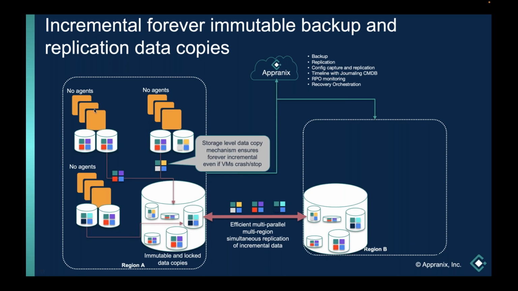So you don't have to go through that full copy again. Just imagine copying a 15-disk VM again. Unheard of. I mean, why do we need to go through that again?